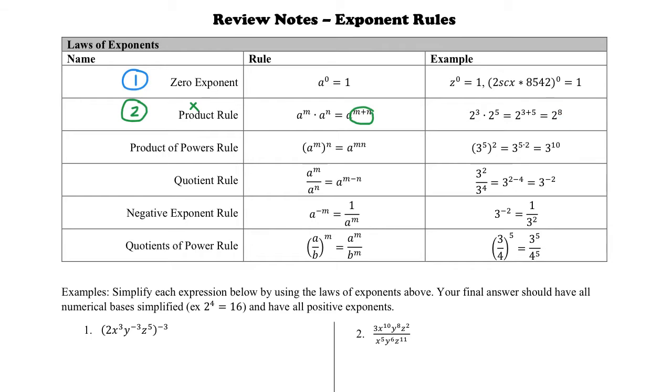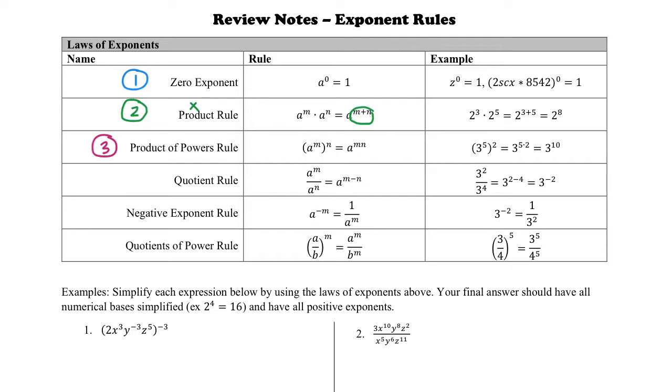Then we have the product of powers rule. This is also called power of a power, just depending on who you ask. There's lots of names for this one. Basically, if you have something with an exponent raised to another exponent, then you're going to multiply the exponents together.